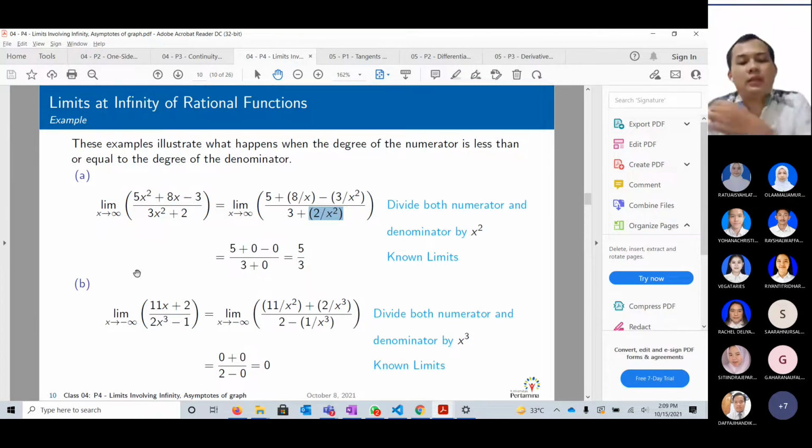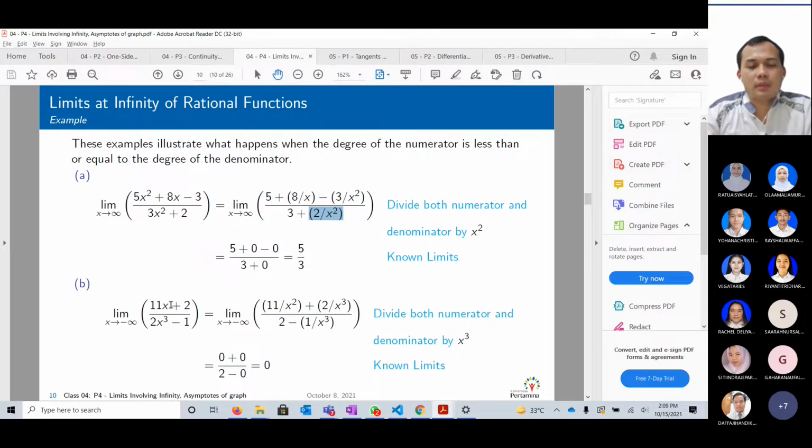If we have a limit of some function of x as x goes to infinity or minus infinity, and we have a rational function like this, we divide both numerator and denominator by the highest order of the variable. Jadi kita bagi dengan pangkat tertingginya. Di sini pangkat tertingginya berapa?